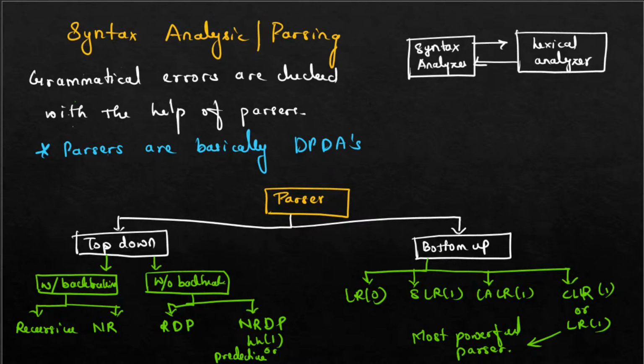All of these parsers are table driven, so we have to draw the table to solve this. Alright everyone, now let's see the next one. So parser is equal to what? DPDA plus parse table. Okay, now let's see one by one.